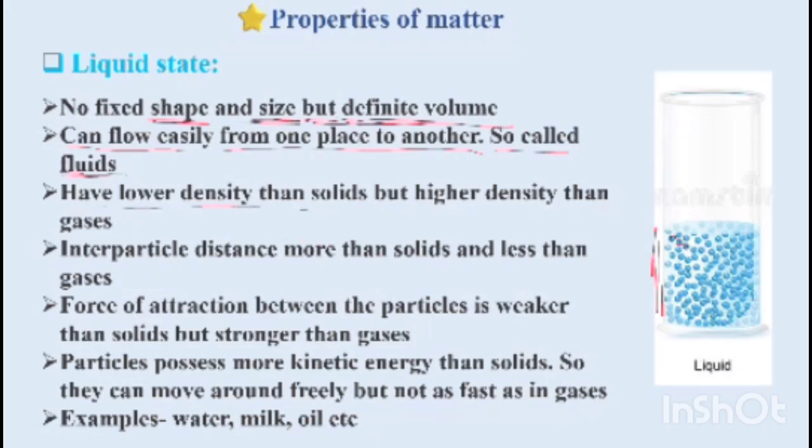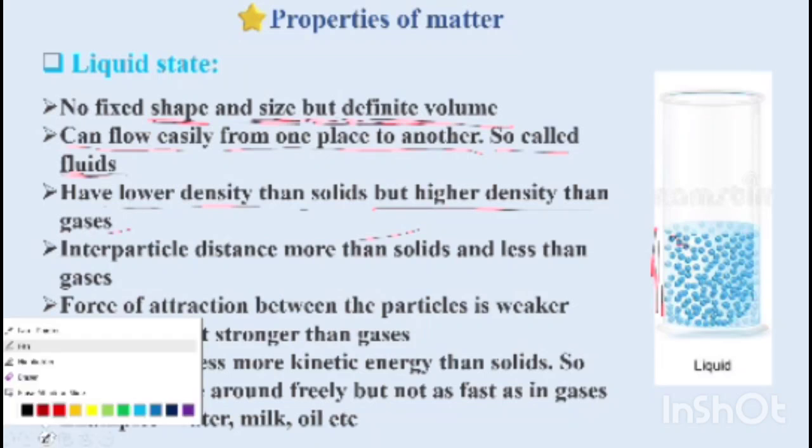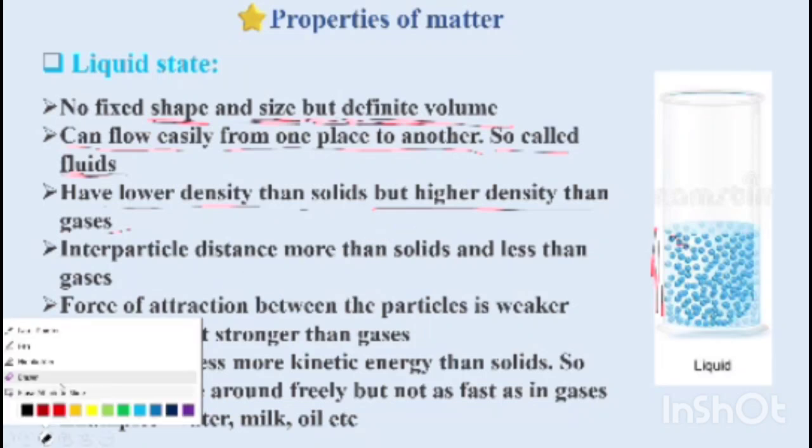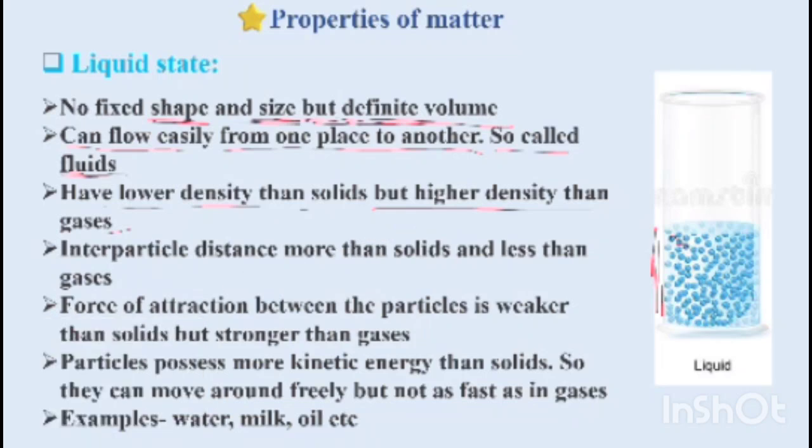Clear? Next, they have lower density than solids but higher density than gases. This is very important. I have already told you that density is equal to mass upon volume. See, if I take this much volume of this beaker, then the atoms will be somehow like this.